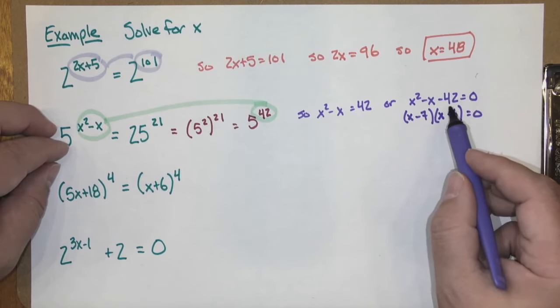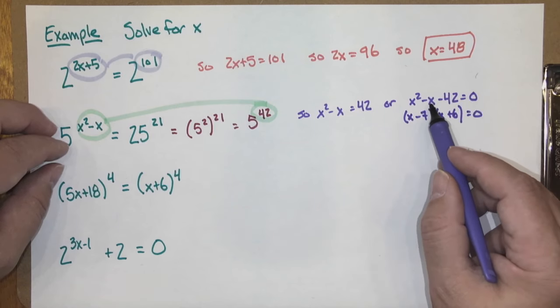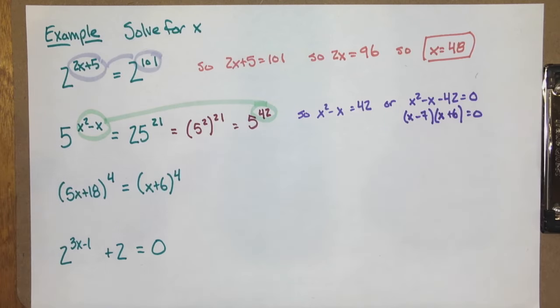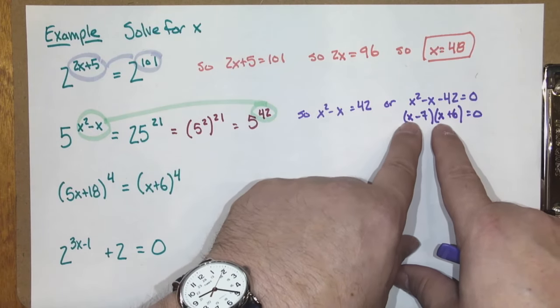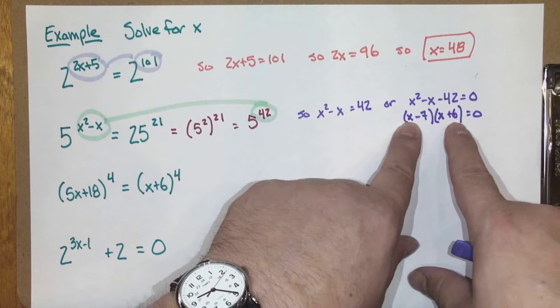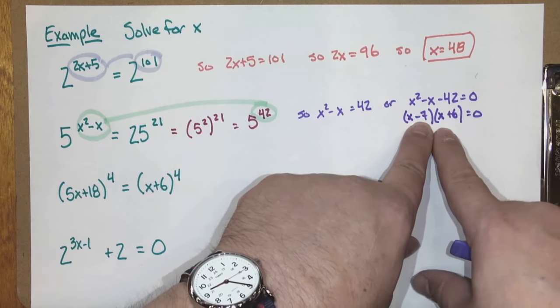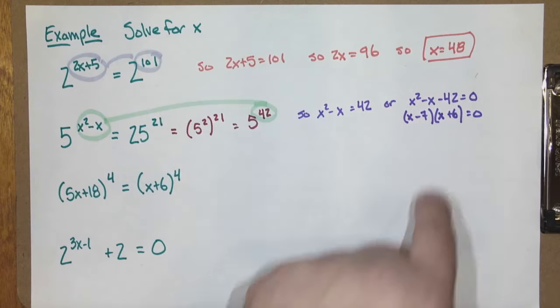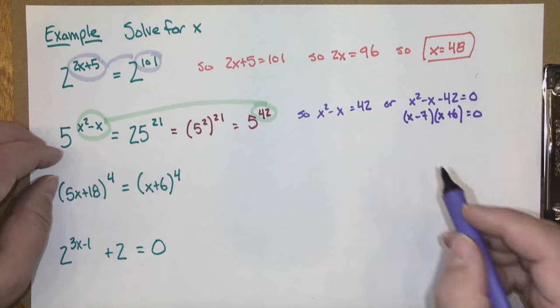We're looking for two things that multiply to negative 42 and add to negative 1. Any way you get this is fine. If you like the quadratic formula, that's great. We can also check: x squared, good, plus 6x minus 7x is minus x, and minus 7 times 6 is minus 42. All right, now, that's not an answer, but we're much closer.